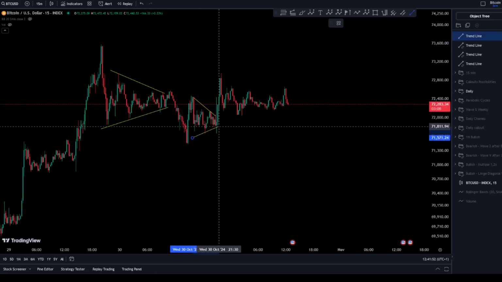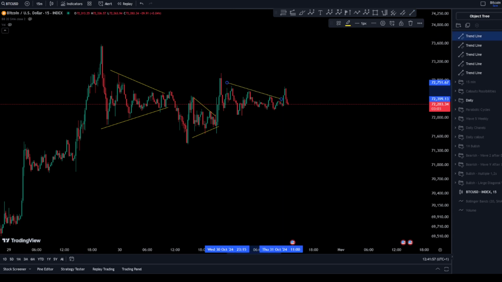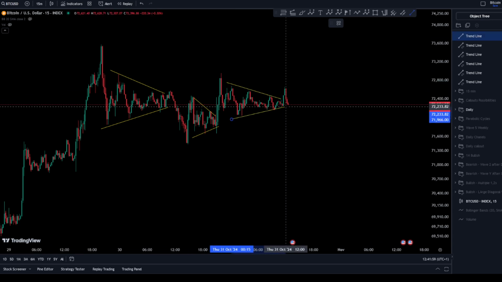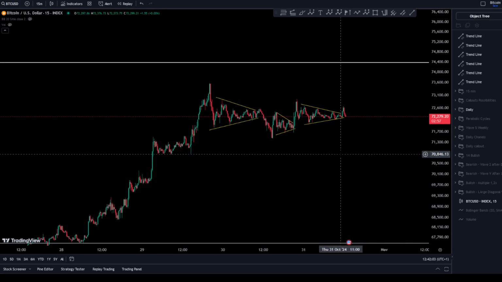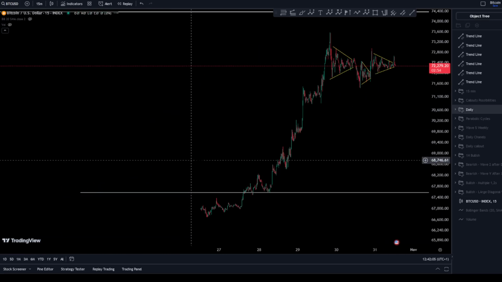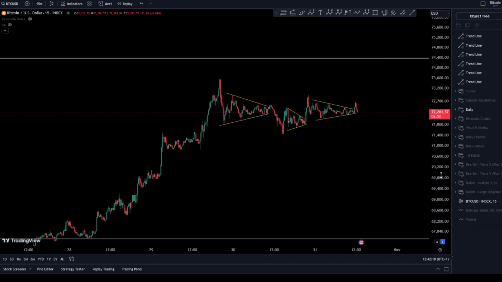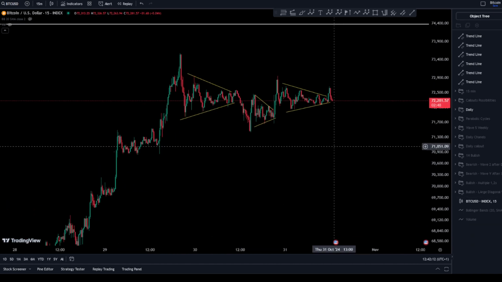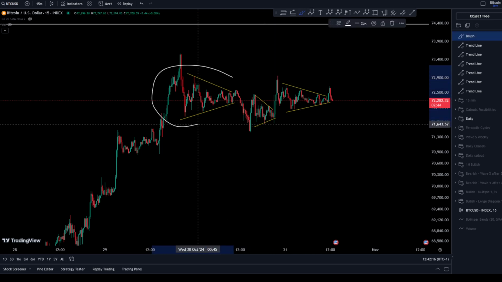And normally the triangles, you get it when you have a very strong market, and it comes to a point where it cannot handle it anymore. So this is what we got after this 90-degree move towards the upside. Basically we are looking at three structures, very obvious.